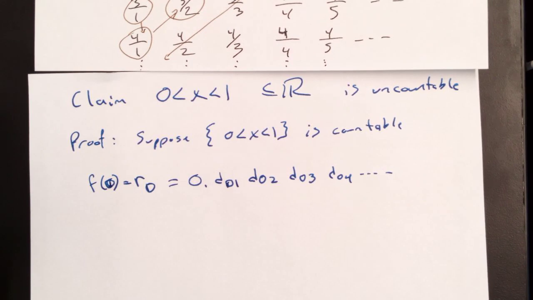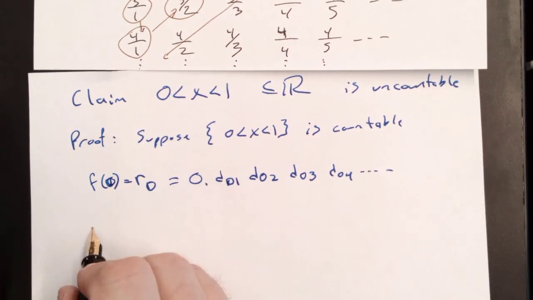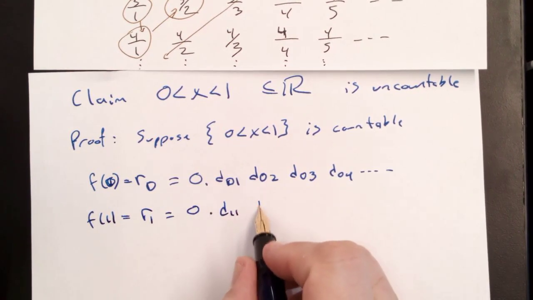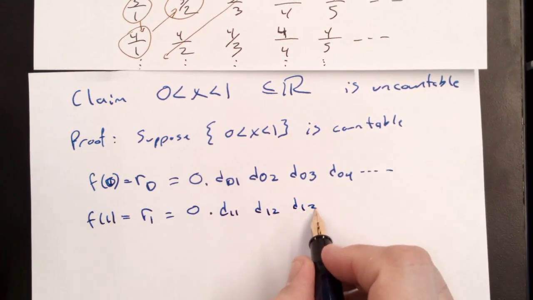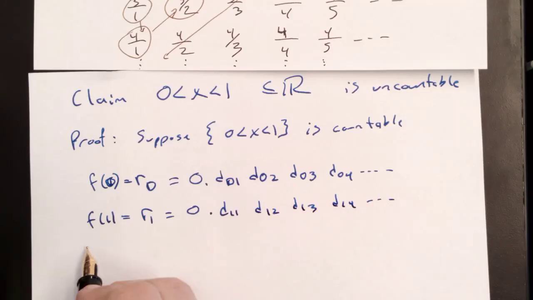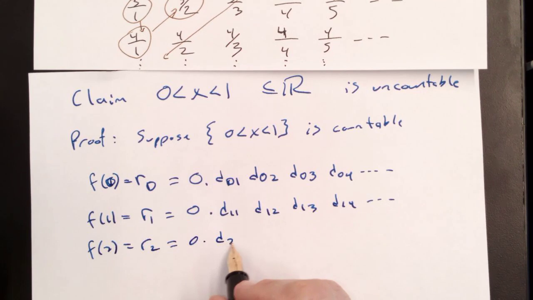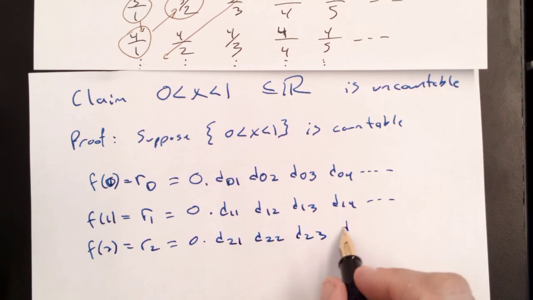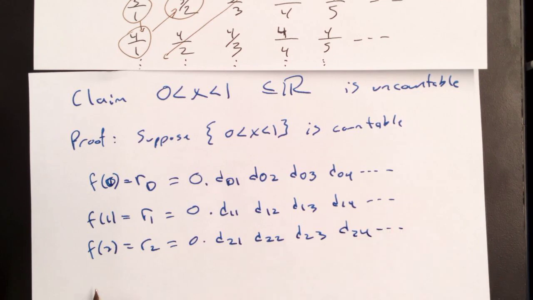But that's just R0. There's R1 and R2 and R3 and R4, right? Because this is countable, so there'll be an f of 1, and an f of 2, and so on.